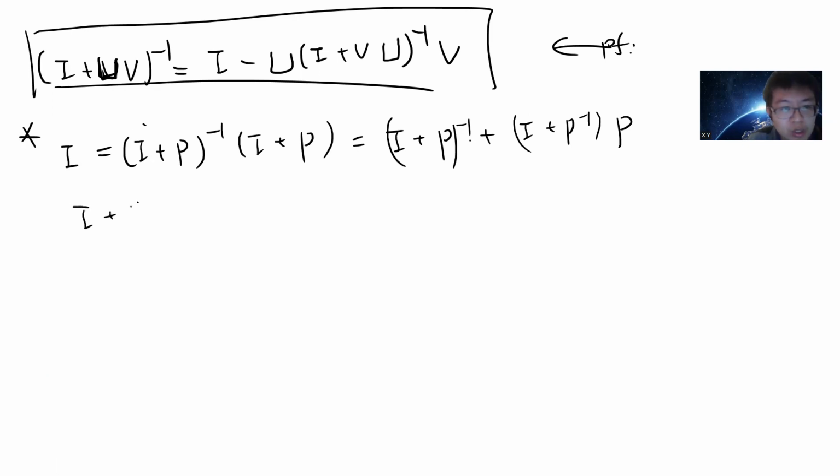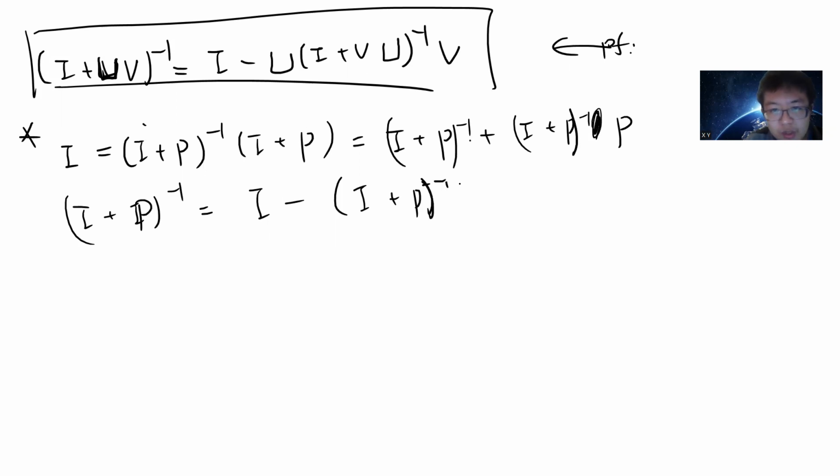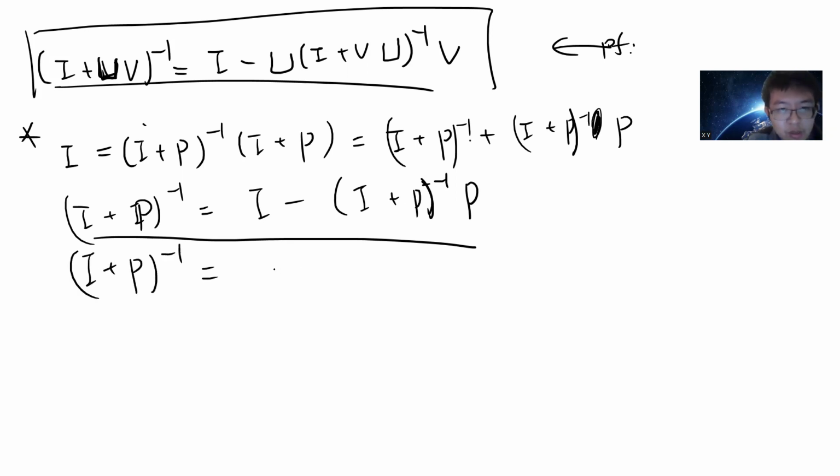So we know that (I + P) inverse will be I minus (I + P) inverse P. Obviously this is symmetric, so you have (I + P) inverse equals I minus P (I + P) inverse.